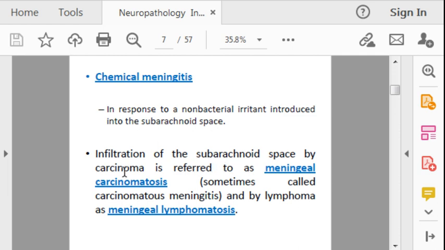Infiltration of the subarachnoid space by carcinoma is referred to as meningeal carcinomatosis, sometimes called carcinomatous meningitis, and that which occurs by lymphoma is called meningeal lymphomatosis.